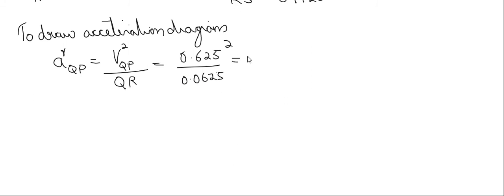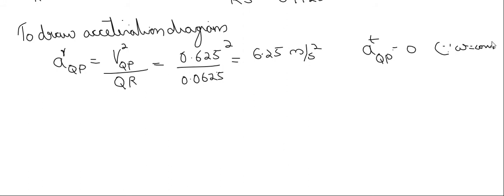So that answer will come as 6.25 meter per second square, because it is acceleration. And we know tangential component of QP is 0 because it is crank, since omega is constant.